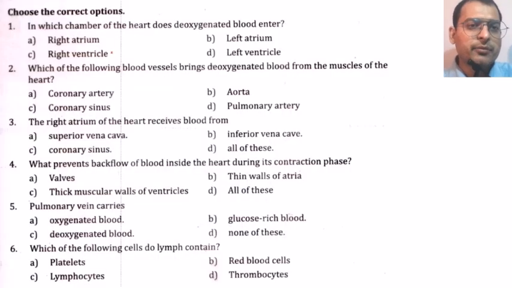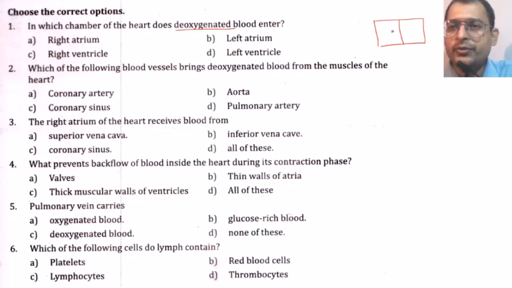In which chamber of the heart does the deoxygenated blood enter? You must recollect that in the heart there are four chambers: the right and the left, considering the above ones are the atria and below are the ventricles.